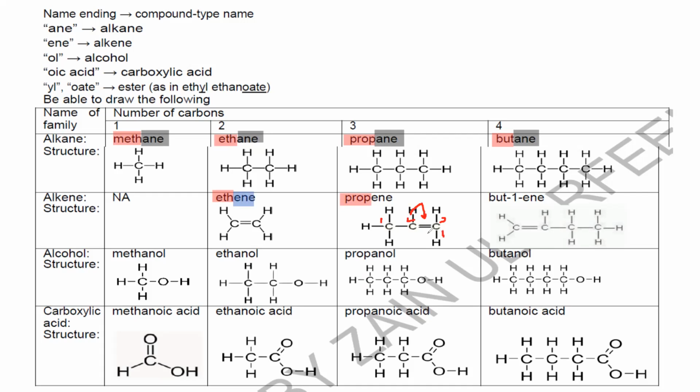If I count from right 1, 2 and 3, the first one is having a double bond. So we always count from the side where the double bond is closer. That's why we are counting from the right hand side, not from the left hand side. So we always count the carbon from the nearest double bond. So it is prop, and because there is a double bond, it is ene, so we can say it is propene.